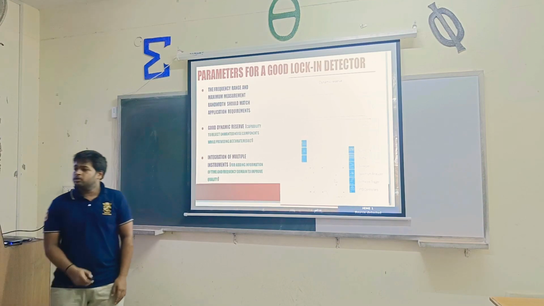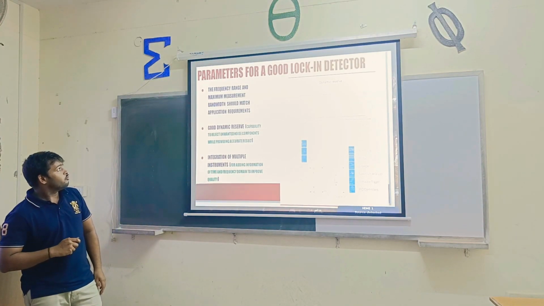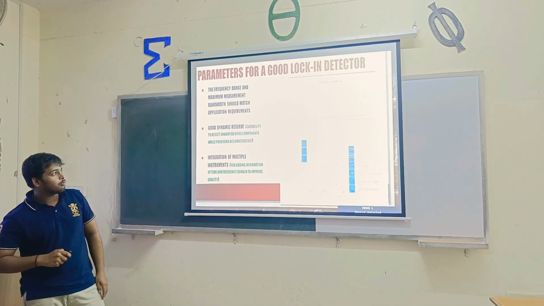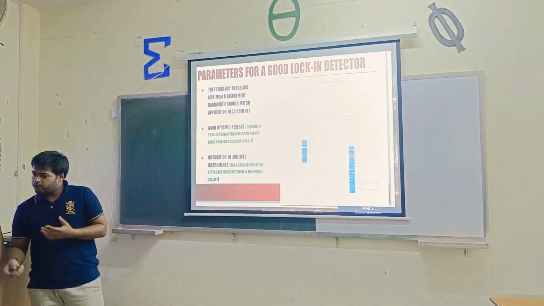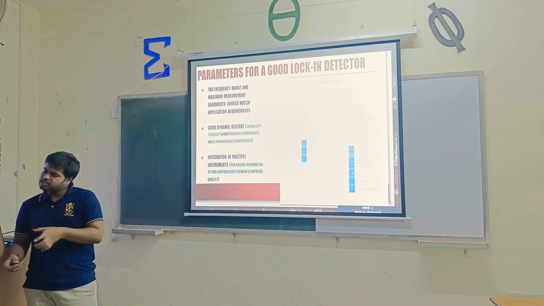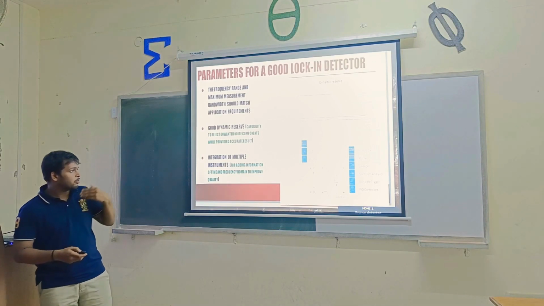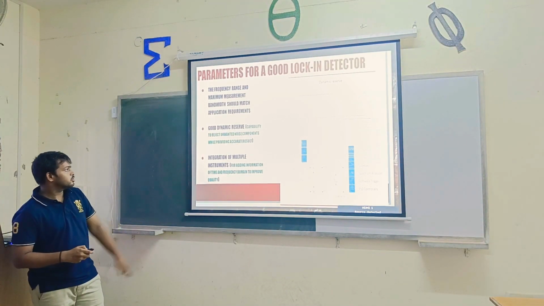Now, some parameters for a good lock-in detector. For a good lock-in detector, the frequency range and maximum measurement bandwidth should match the application requirements. We should set the bandwidth and the frequency range according to our requirements, and the better we match it, the better results we get.